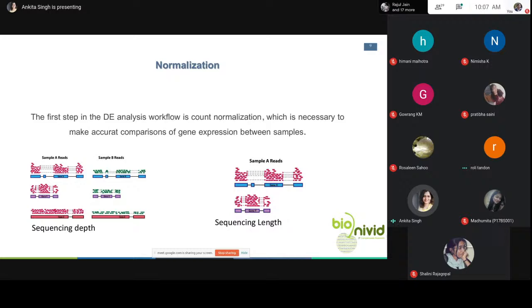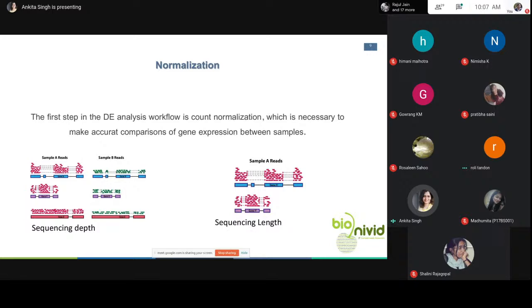In this picture you can see sample A and sample B. In sample B, you have sequenced a lesser amount of data, and in sample A, you have sequenced a large amount of data. Say, for example, sample A has 20 million reads when you started with the analysis, and sample B has 10 million.